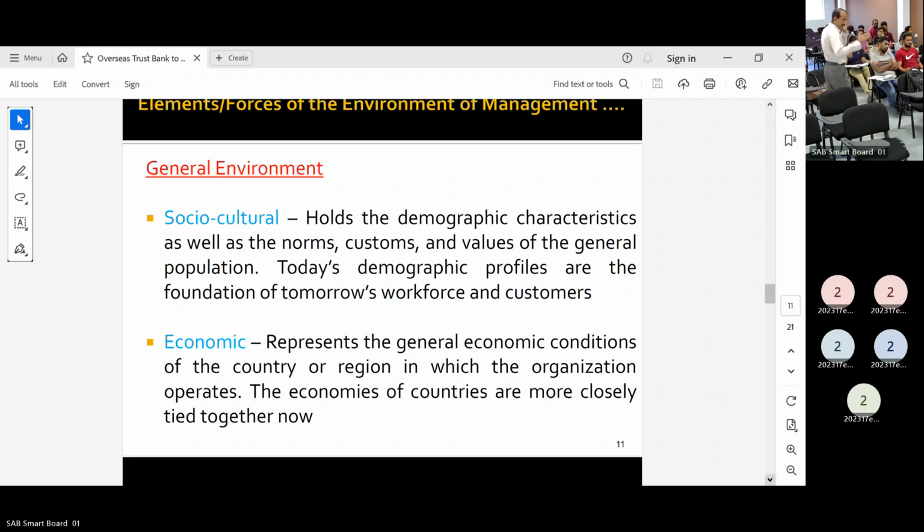There are agreements like NAFTA, then BRICS, G8, G7, likewise. Asian tigers, I guess those days, they are still operating well, no?